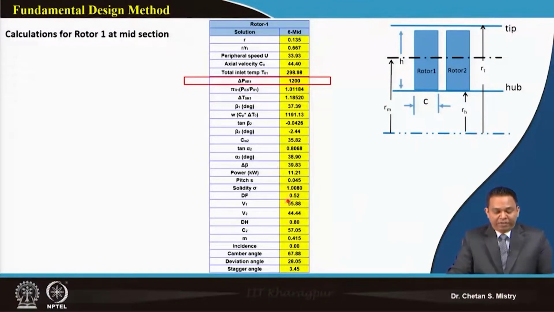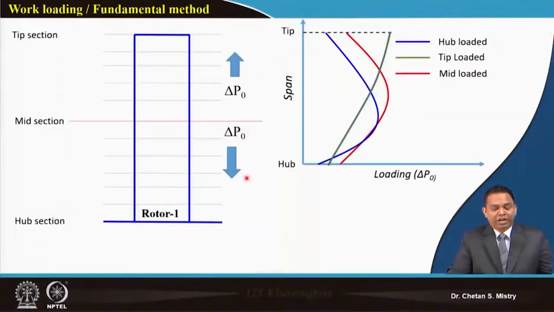You can see we have our diffusion factor 0.52, our de Haller's factor 0.80, and our camber angle, that is 67.88. Now, once we have done the calculation at this particular station, we will be targeting what needs to be checked for my hub station and my tip station. So, let us move towards that.